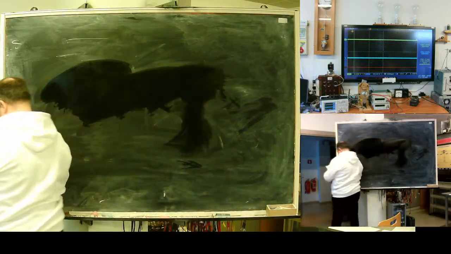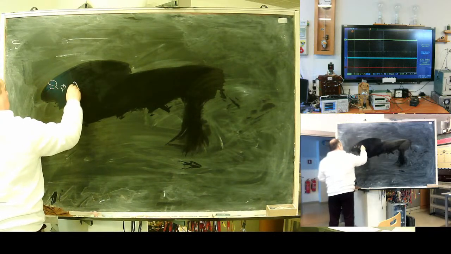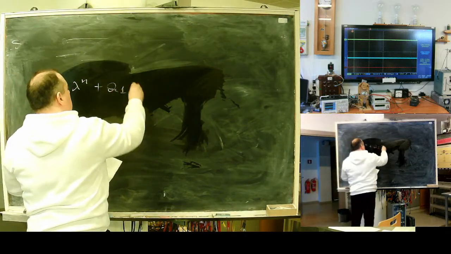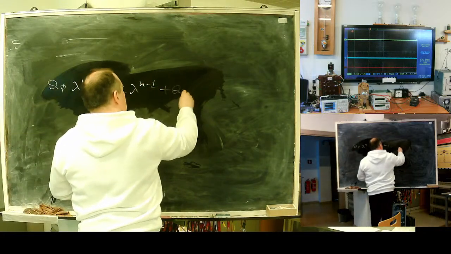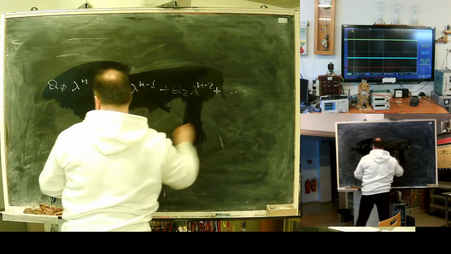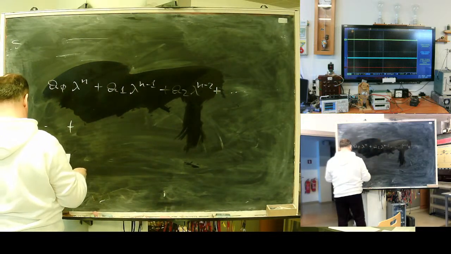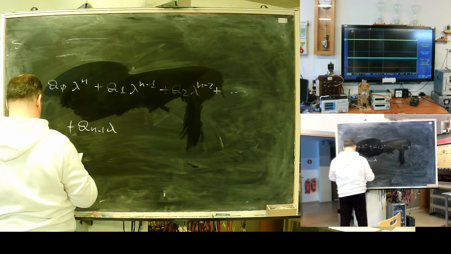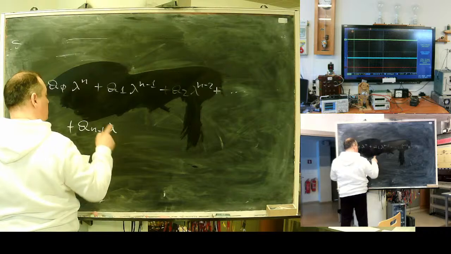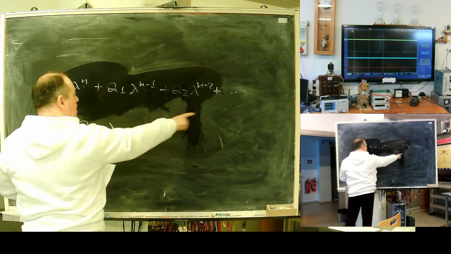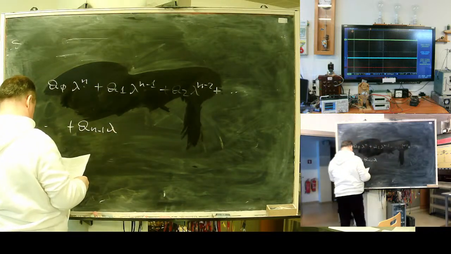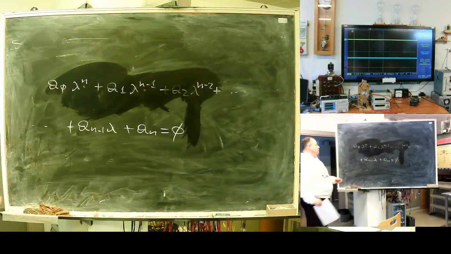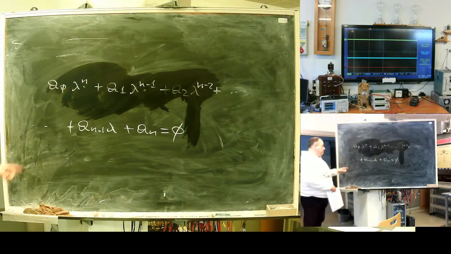I need to solve A0 lambda to the power n plus A1 lambda to the power n minus 1 plus A2 lambda to the power n minus 2 plus ... plus A(n minus 1) lambda plus An equals 0.